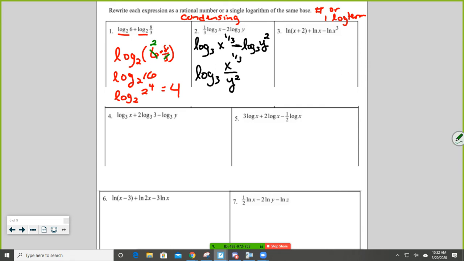So if you want to make yourself a cheat sheet, the first thing you want to do is put front numbers back up into the exponent spot.